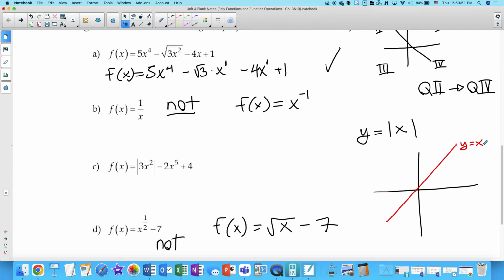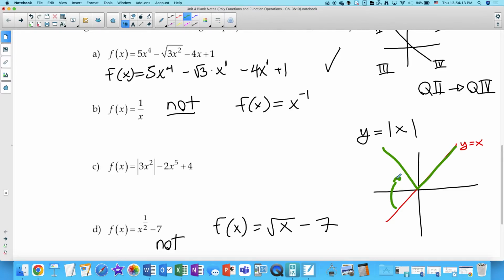And then the absolute value signs make it positive. So this is already positive. Nothing has to change there. This is going to get reflected up, over the x-axis.